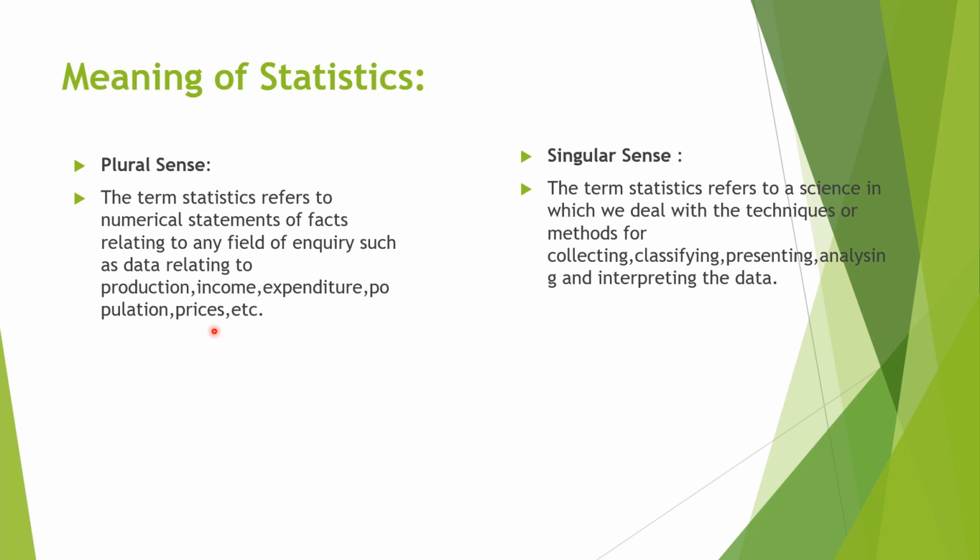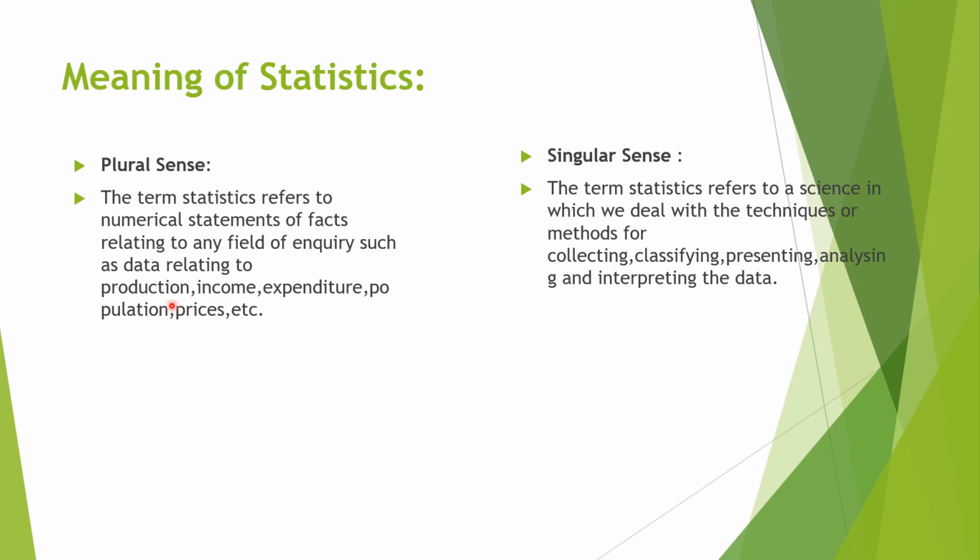Both explain that any information which is expressed in the form of numbers is termed as statistics. When we obtain information about any field, and that information is presented in numerical statements, it is termed as statistics in the plural sense.